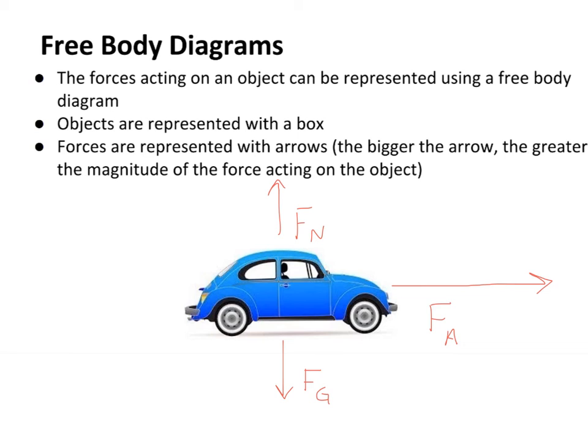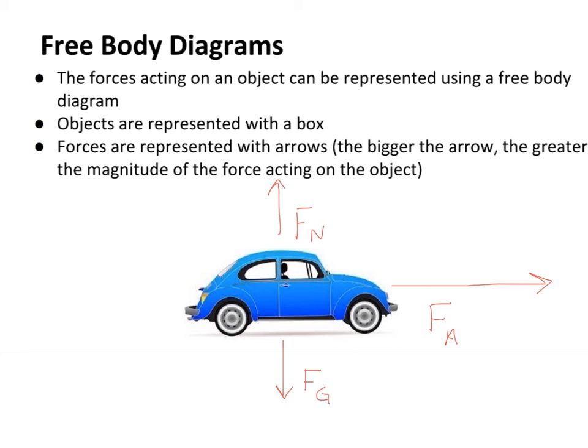When you're drawing a free body diagram, the size of the arrow represents the magnitude of the forces present. And often you can actually write out the actual amount of force that is being experienced in each direction.